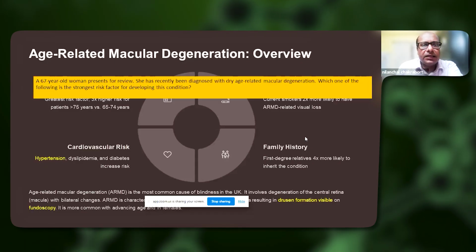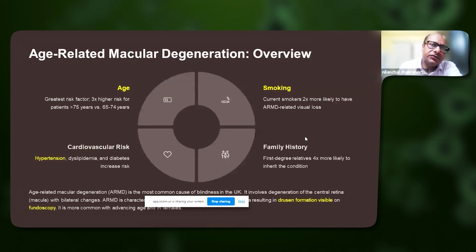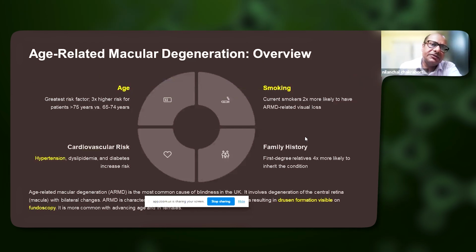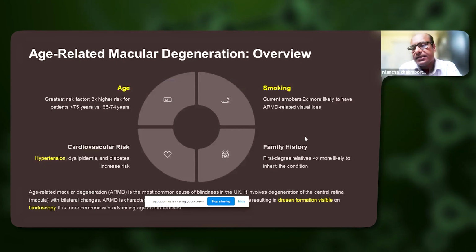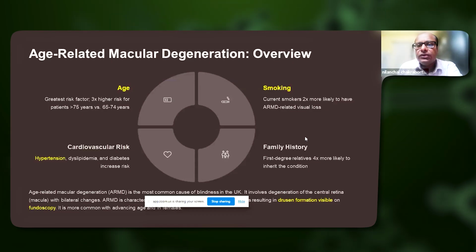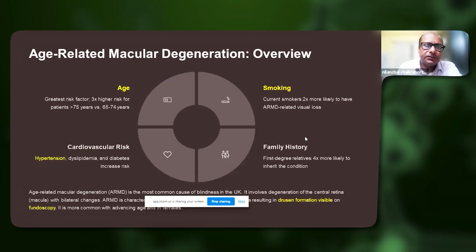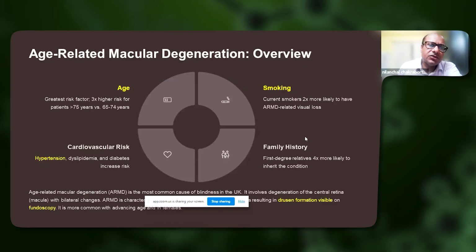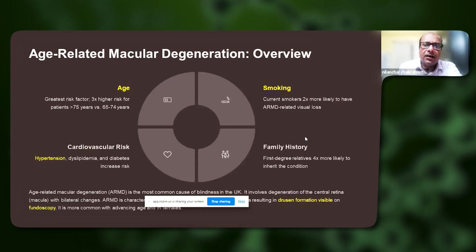Usually there are genetic risk factors, and the risk is 3 times higher for patients more than 75 years versus less than 75 years. If the patient is a smoker, he or she has 2 times more risk to develop age-related macular degeneration and visual loss. Associated comorbidities for a vasculopath, like diabetes, hypertension, dyslipidemia, can increase the risk.